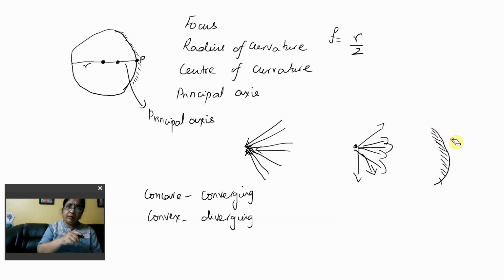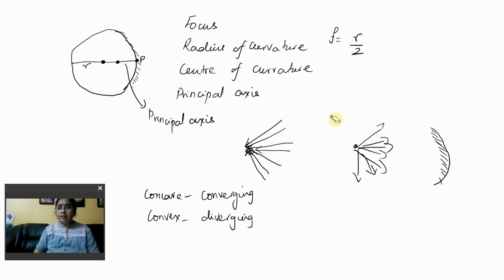You will also be asked to remember whatever caves in is a concave mirror. The other one is a convex mirror. So we have seen what is focus, what is radius of curvature, what is the center of curvature, and what is the principal axis. Okay. We have also seen what is converging and what is diverging. We will understand more of it as we discuss the image formation.